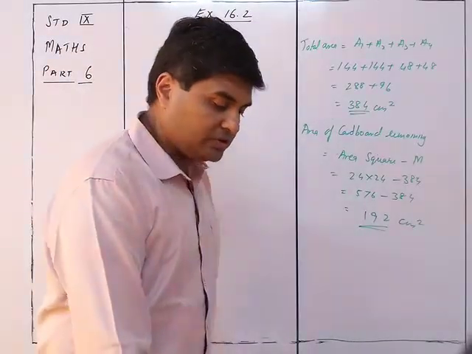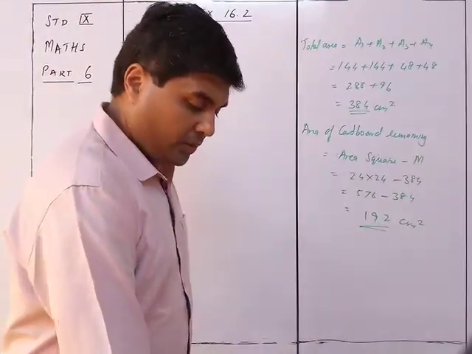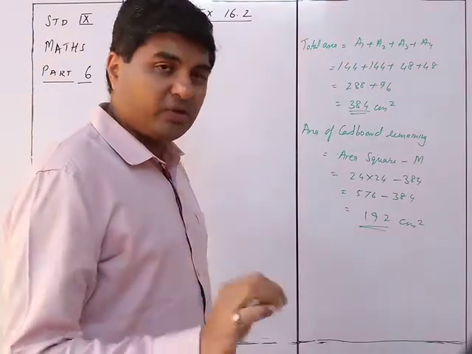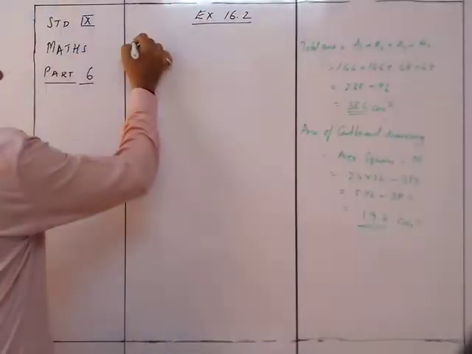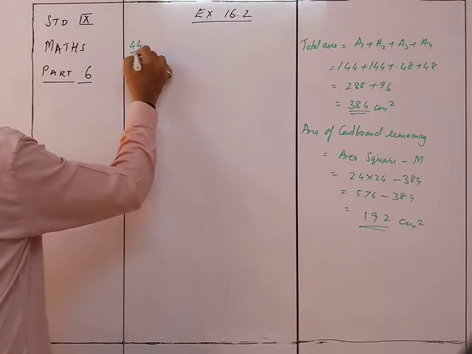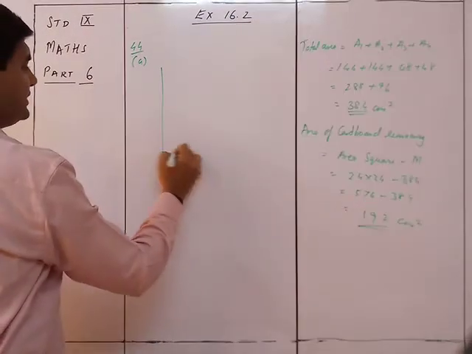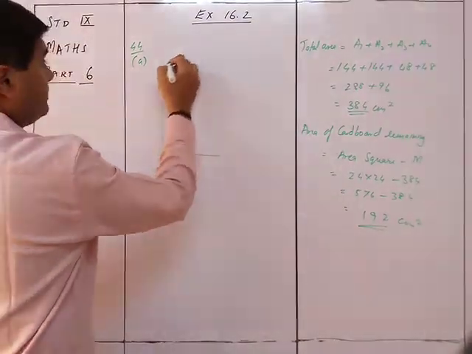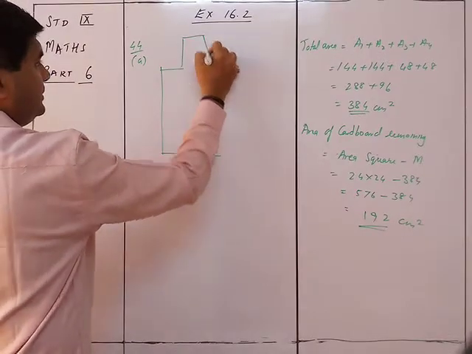We now move on to sum number 44. We are going to do sum number B, but before that we will just understand sum number A and B also. So A is very simple. It is just a rectangle with a trapezium here.